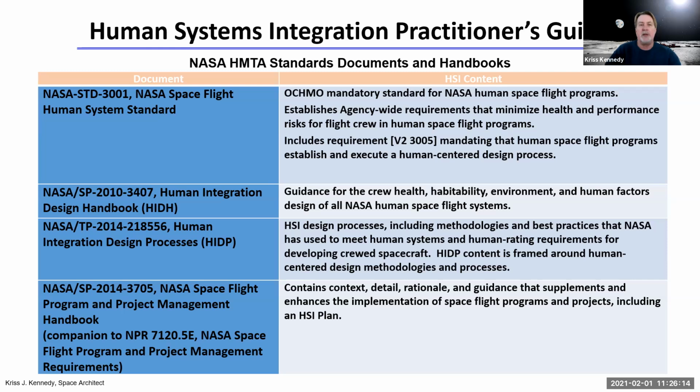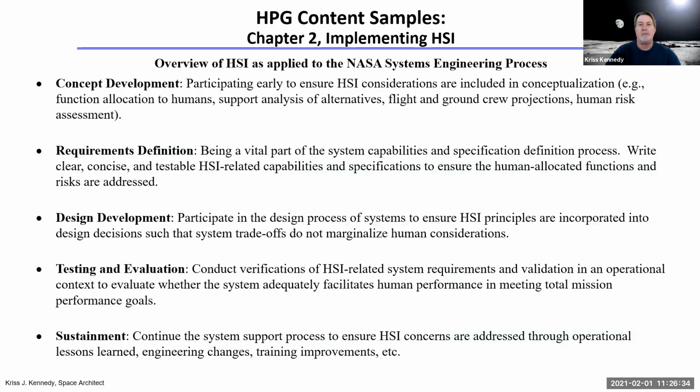Then there's also the Human Integration Design Process, as well as the NASA Spaceflight Program and Project Management Handbook. So these are all important aspects of how the HSI gets implemented and put into the procedural requirements for human spaceflight system design.